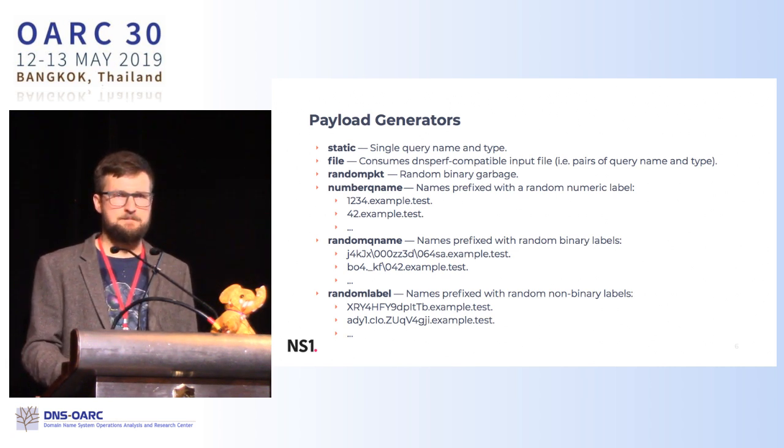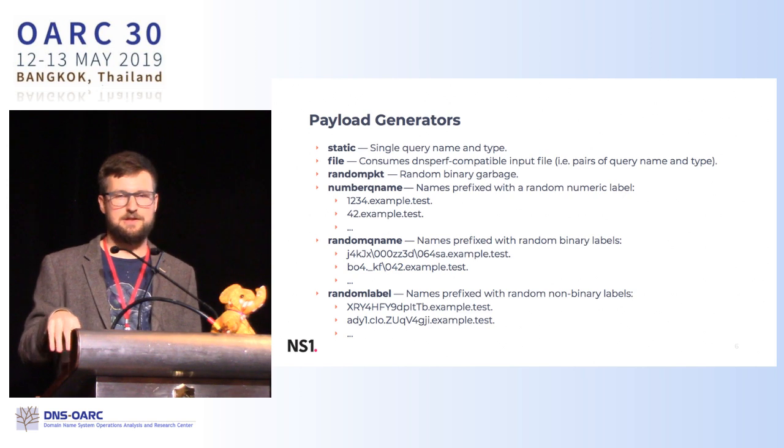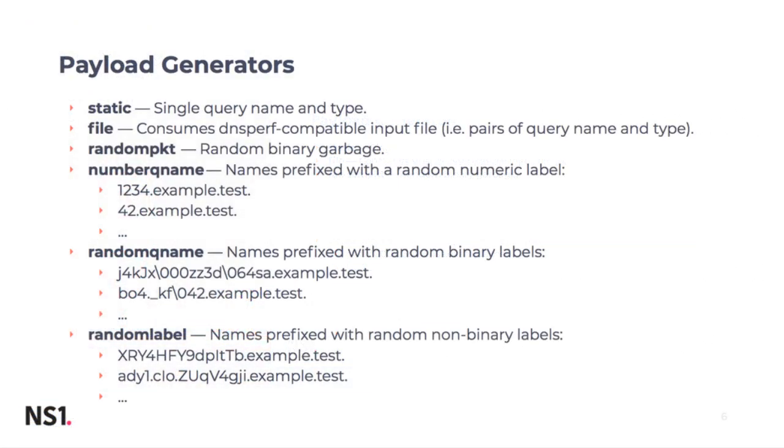The DNS specification allows only a subset of printable characters to be used in domain names, but the wire format actually allows you to put anything there, including binary zero bytes, for instance. So this is what this module does, and it has also proven very useful when testing our DDoS mitigation tools and monitoring.